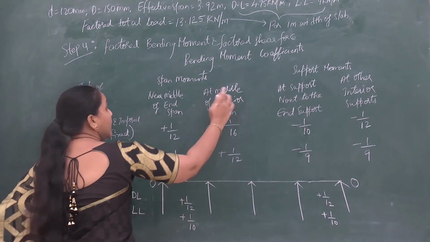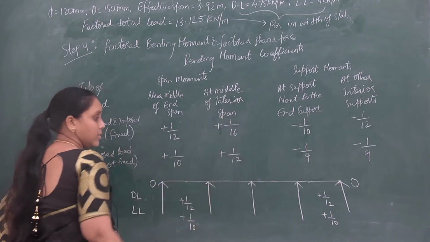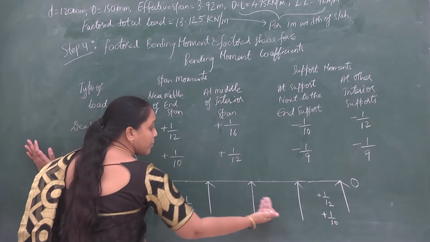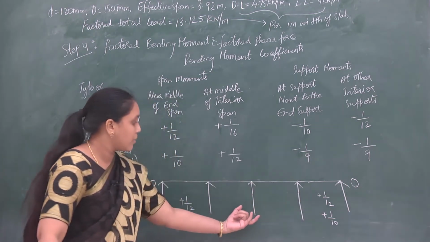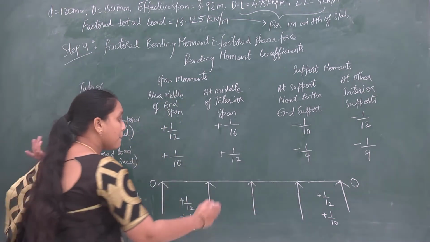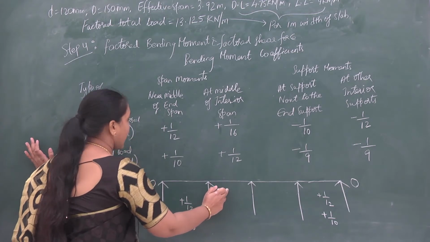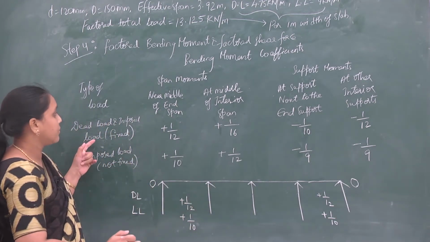Now, at the middle of the interior span. So these are going to be our interior spans. If these are our end spans, these are going to be our interior spans. At the middle of the interior spans, what is the bending moment coefficient for dead load?